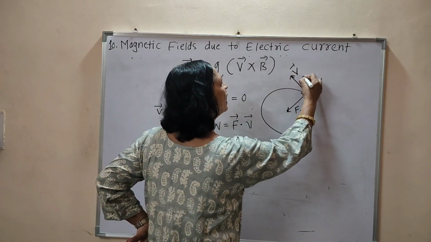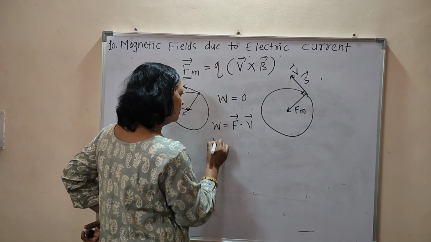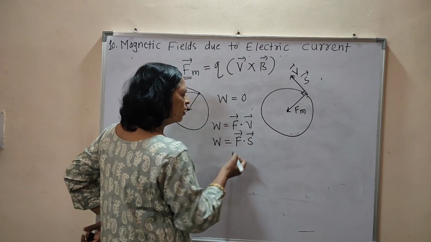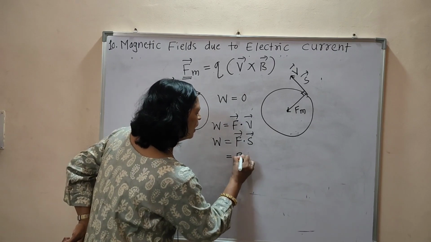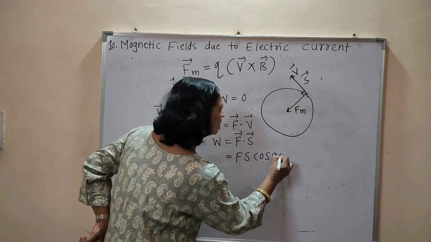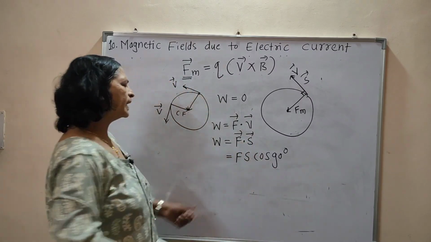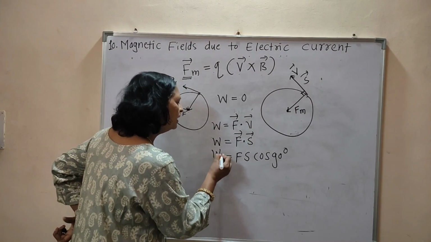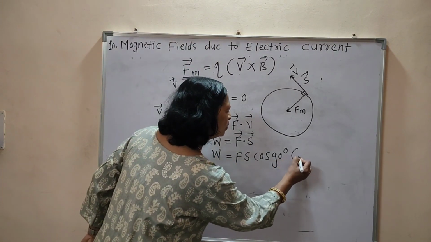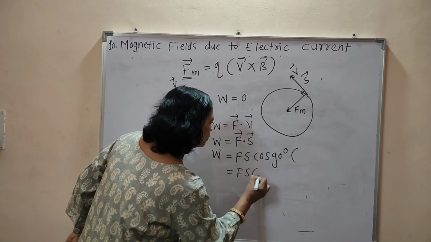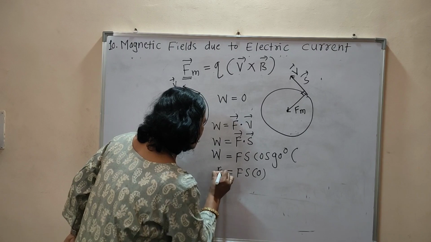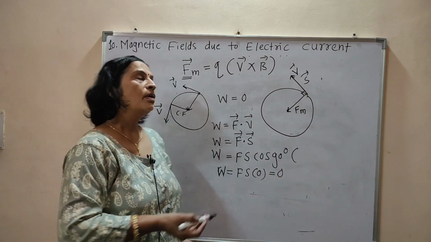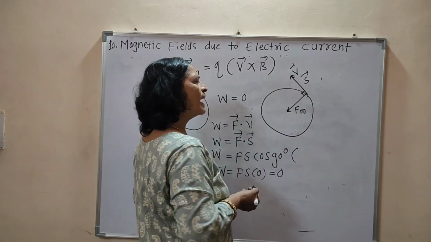Velocity vector is in the direction of the displacement vector, and therefore W equals F dot S, which equals F S cos 90, because in a dot product we take the magnitudes of two vectors and the cosine of the angle between them. Cos 90 is equal to 0, and therefore F S into 0 equals 0. This means the work done due to this magnetic force is always equal to 0. But what happened due to the magnetic field?